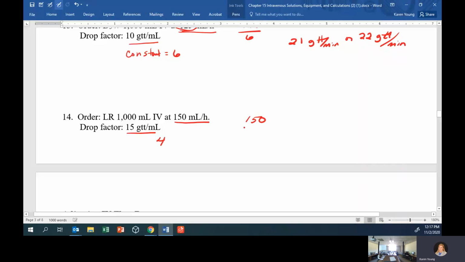So I'm going to take 150, divide it by 4, and I'm going to have 37.5. So I'll have 37 drops per minute, or 38 drops per minute, whichever way you want to do that one.